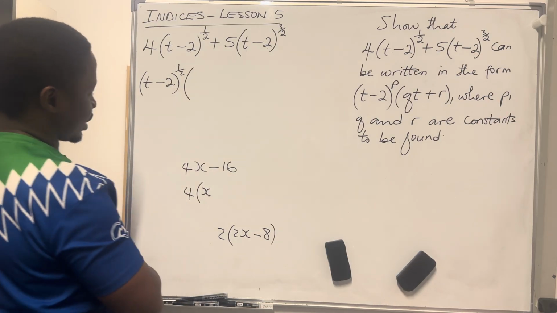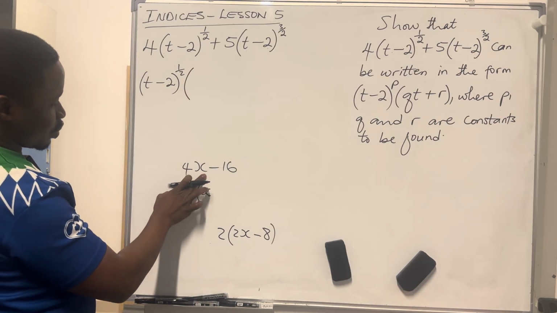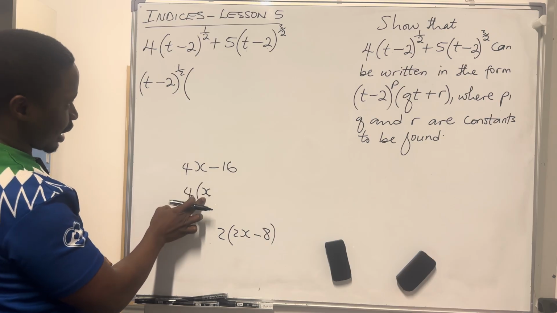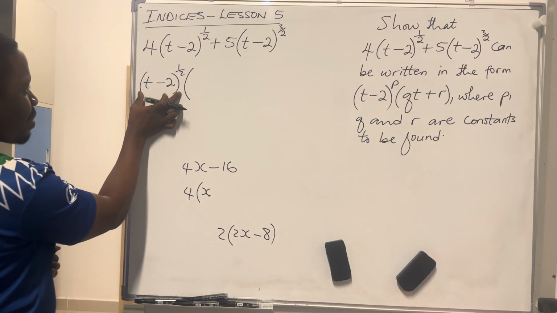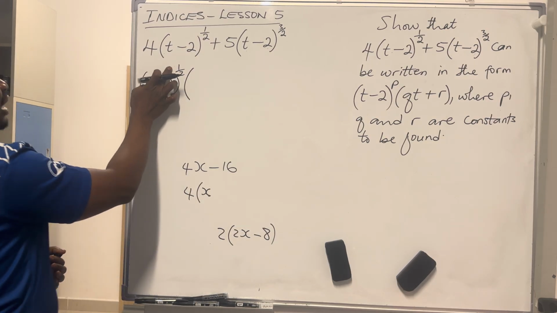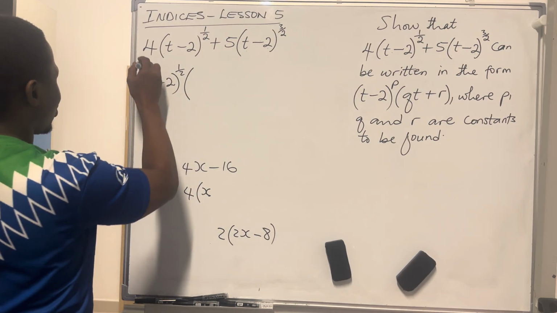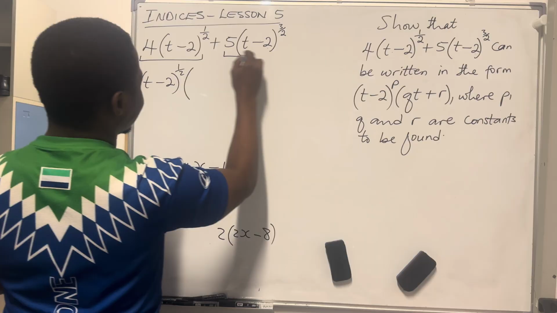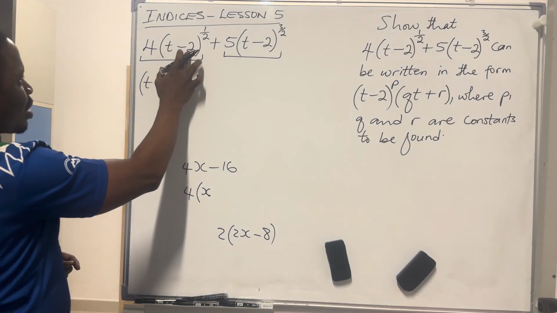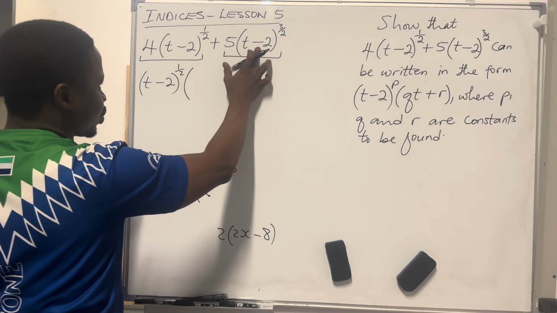So we open a bracket. If we can say 4 into this means 4 takes away 4, leaving x, we can as well say T minus 2 with the half takes away T minus 2 with the half. What will remain is 4. Because look at this term: T minus 2 to the half, T minus 2 to the 3 upon 2.